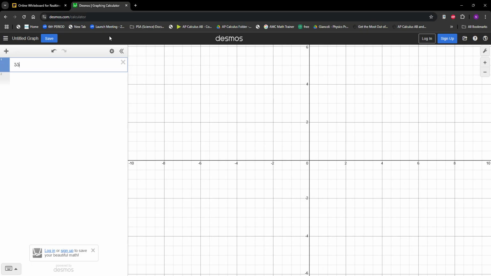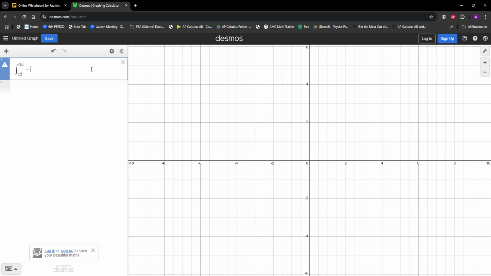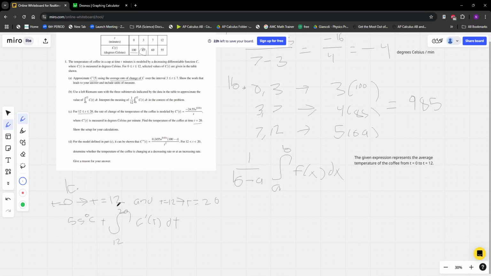So you just type in the integral from 12 through 20 of negative 24.55 e to the 0.01 t over t dt. And the answer for this is about negative 14.671.